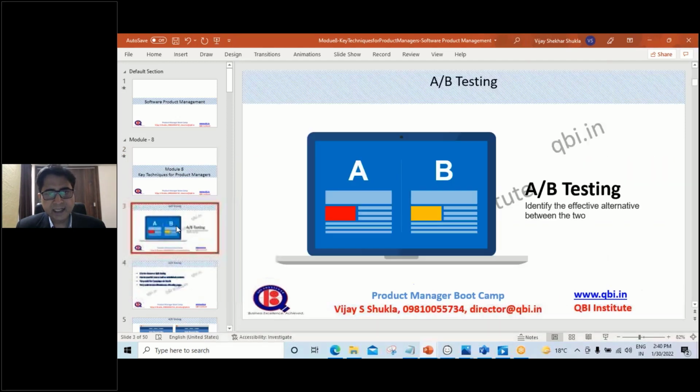So we start with A/B testing. When we say A/B testing, identify the effective alternative between the two. It could even have been A, B, and C testing, or A, B, C, and D testing. Among the three alternatives, we choose the best one.